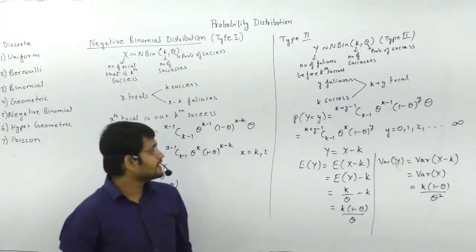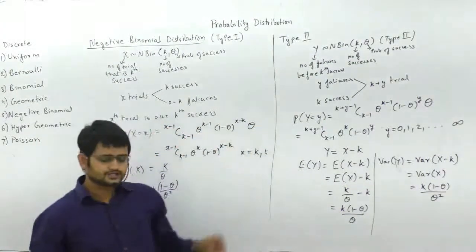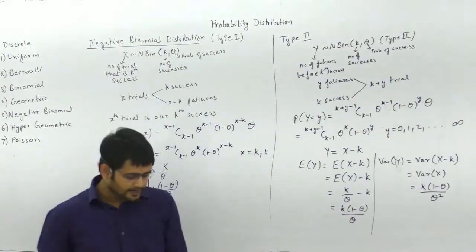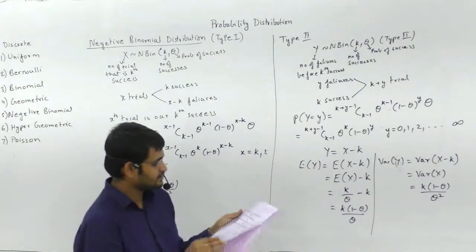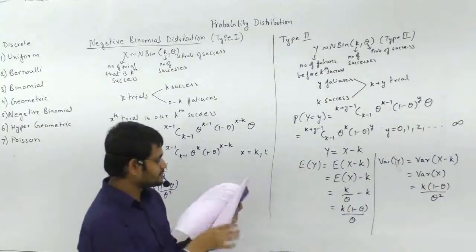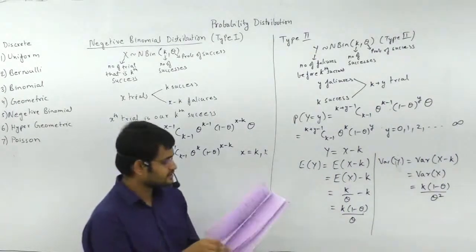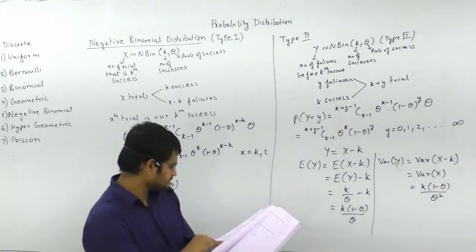Now all of these values, the probability distribution and the expected values of all the distributions, are given in the table formula book that is provided to you in your examination. If you see the first section of this table formula book, we have formulas, and from page number 6 we have different distributions.